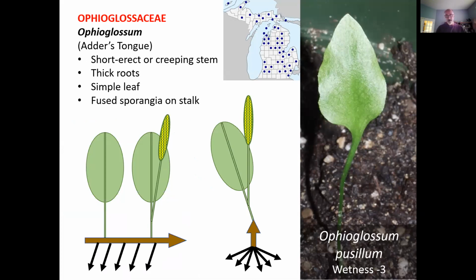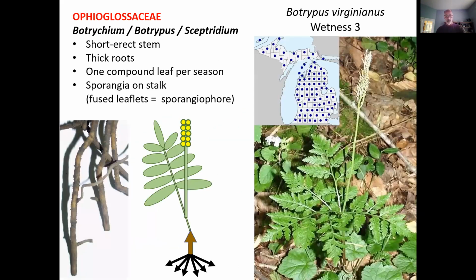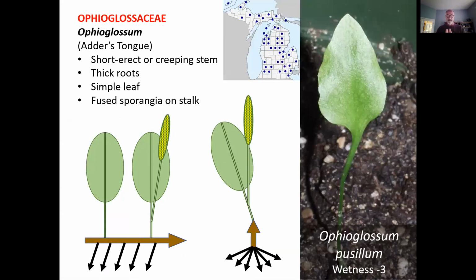I'm still in the Ophioglossaceae. The other subgroup within this family is the genus Ophioglossum. So these two clades are in the same family. They're very closely related. And the big difference is pretty obvious. Ophioglossum makes a simple leaf instead of a compound leaf.